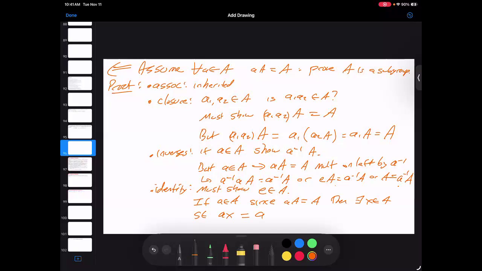Because we know little a is in big A, and we know little a big A is also big A. So there's got to be something I can multiply little a on the right by and get back little a. Well, what does that tell you x has to equal? If a x equals a, what does it tell you x equals? Therefore, x has to be the identity, so e is in A.